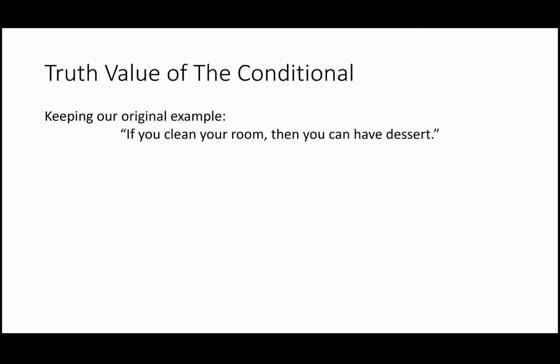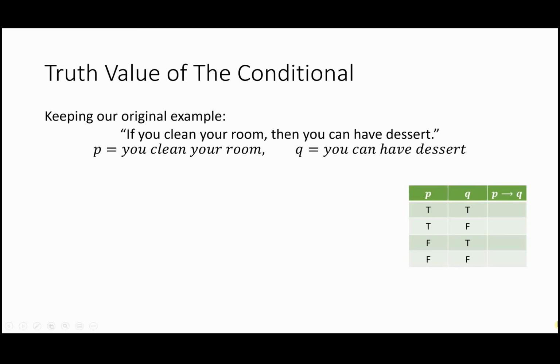So let's keep our example, and we're going to use that to fill out the truth value table that you see at the top of the third page of your lecture notes, okay? Let's say that P is the you clean your room statement component, and Q is you can have dessert. Here is the truth table at the top of your lecture notes, and I've already initialized the T's and F's for the P and Q statement components.